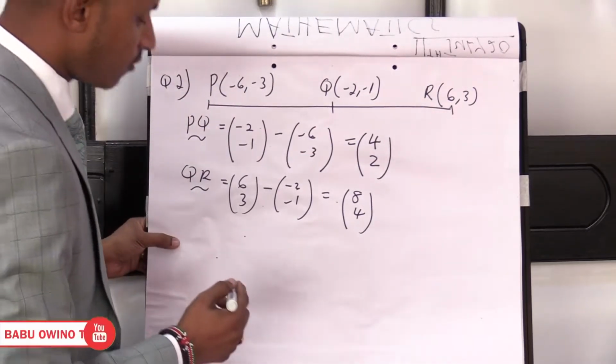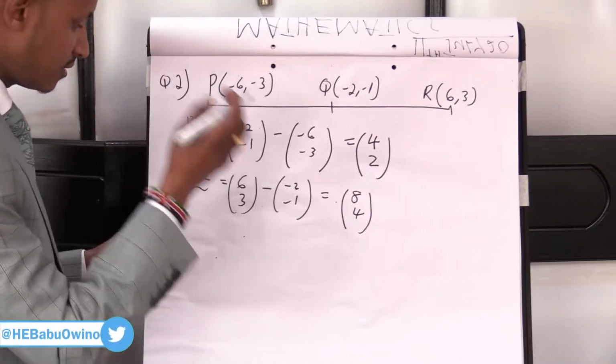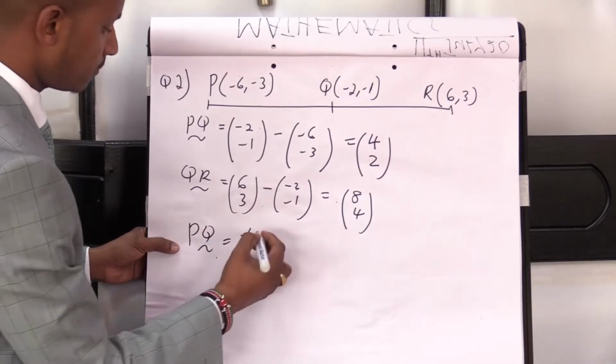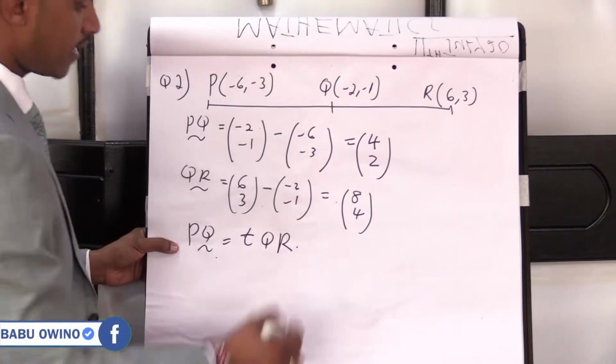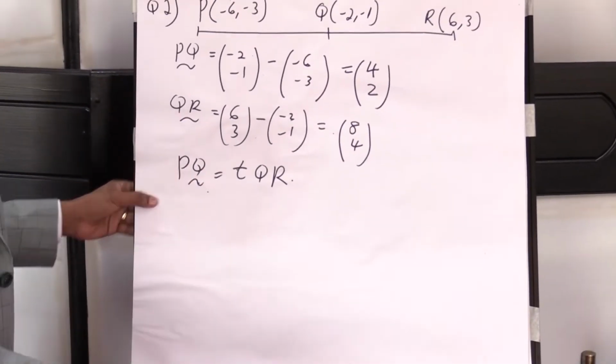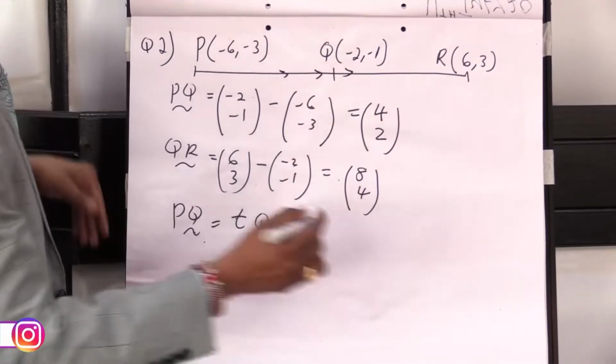So we said for points to be collinear means they lie on the same line. For them to lie on the same line, you say PQ is a scalar multiple of QR. You show that they are parallel first, because lines moving in the same direction are parallel.